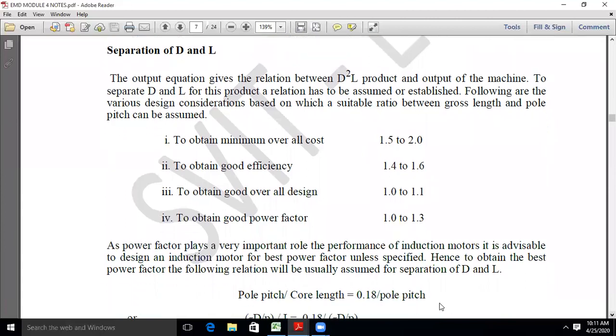To obtain good efficiency, it is 1.4 to 1.6. To obtain a good overall design, it should be 1.0 to 1.1. To obtain good power factor, it should be 1 to 1.3.